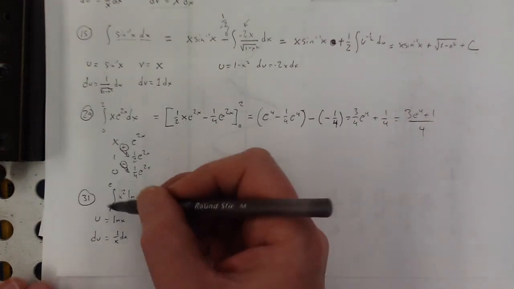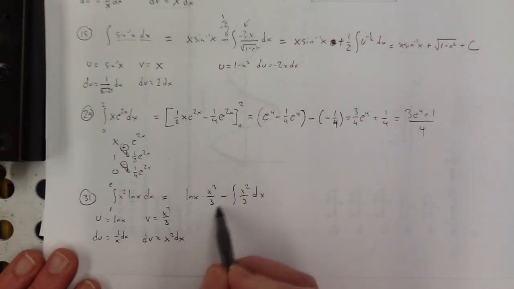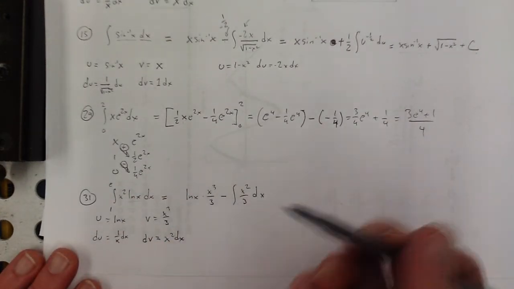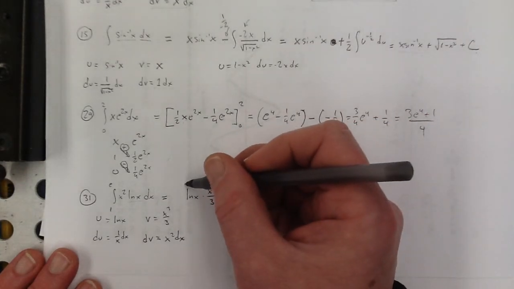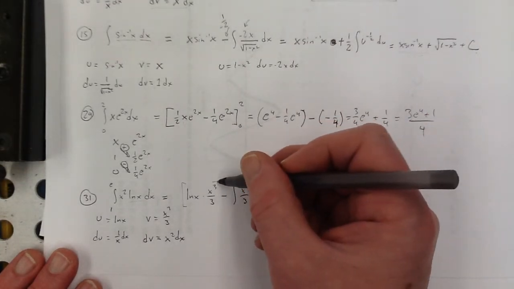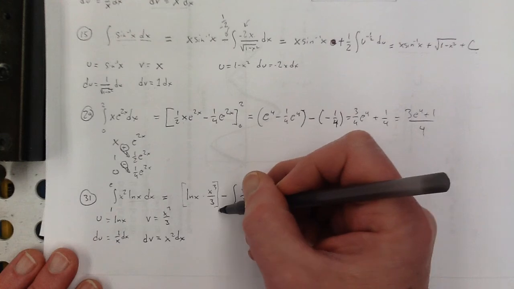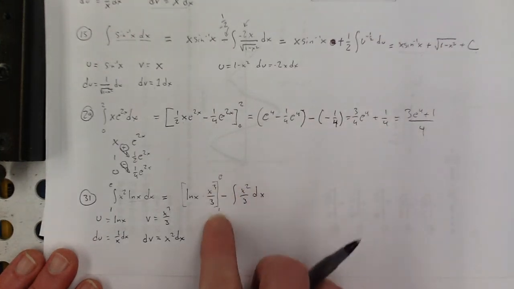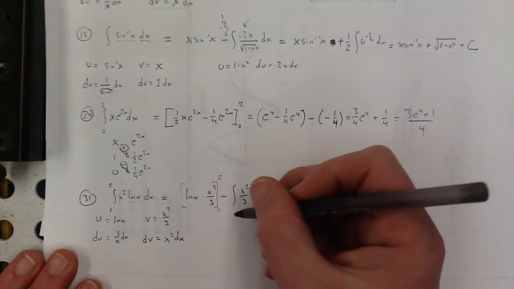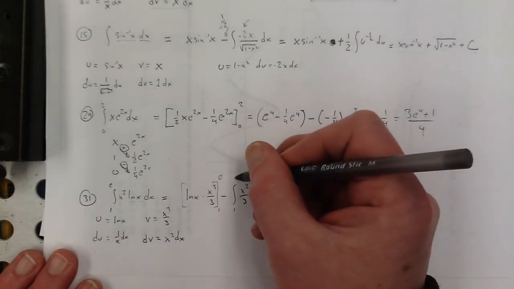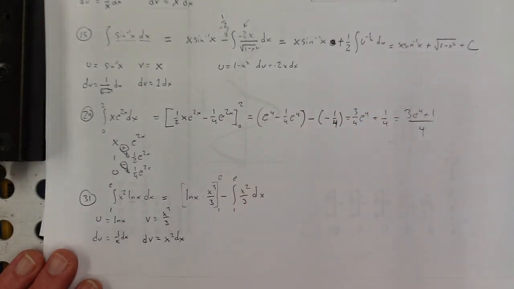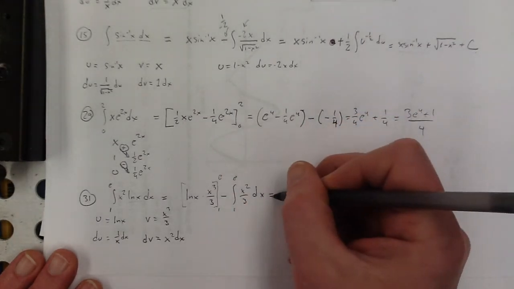And what about these limits? Well, this part is already like the antiderivative, so for this part, if you wanted to just be really solid with your notation, I'd be plugging that in. I'm not going to do it yet because I want to do it all together, and then this part, I still have to find that antiderivative.